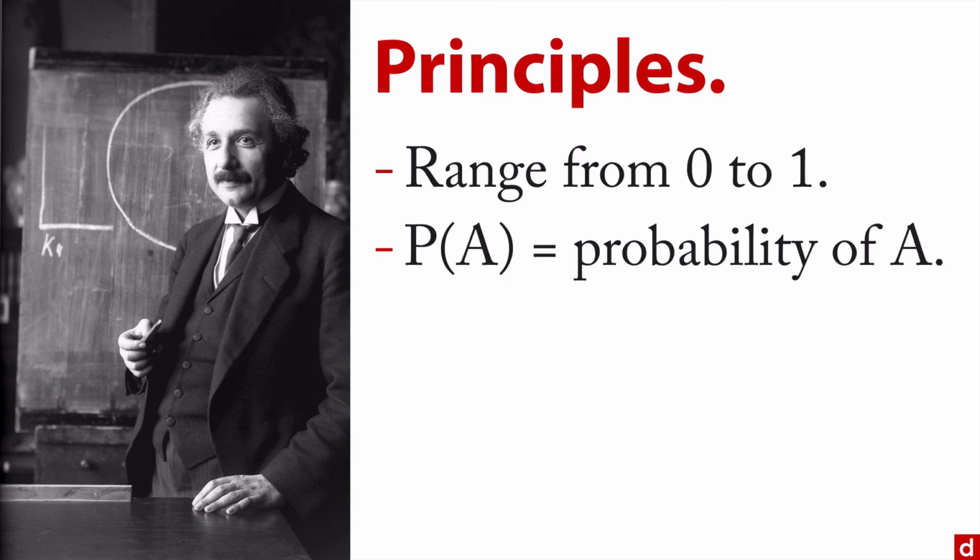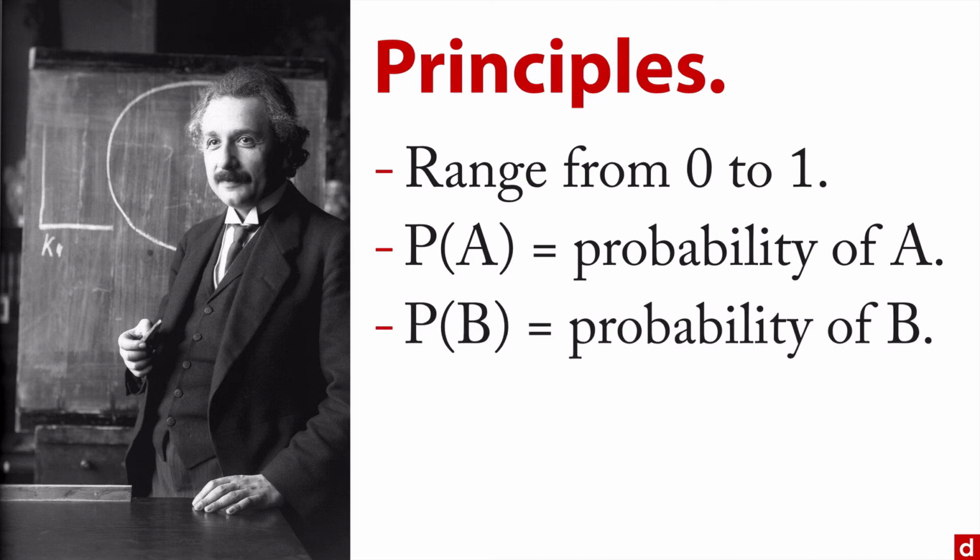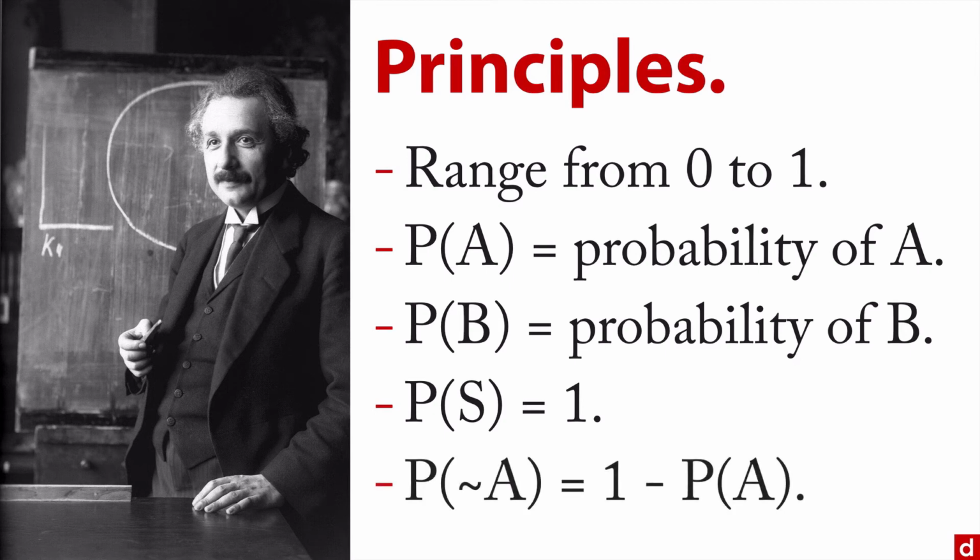So P(A) means the probability of A, and P(B) is the probability of B. When you take all of the probabilities together, you get what's called the probability space, and that's why we have S. And it all adds up to 1 because you've now covered 100% of the possibilities. Also, you can talk about the complement. The tilde here is used to say probability of not A is equal to 1 minus the probability of A, because those have to add up.